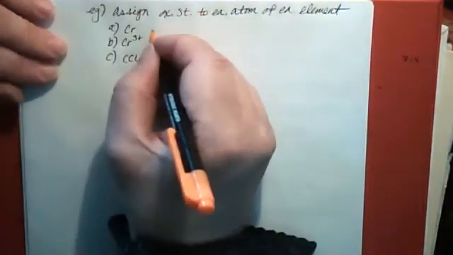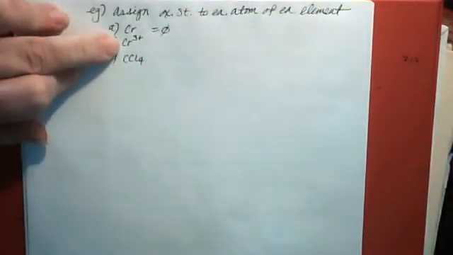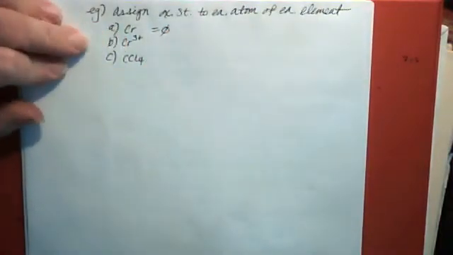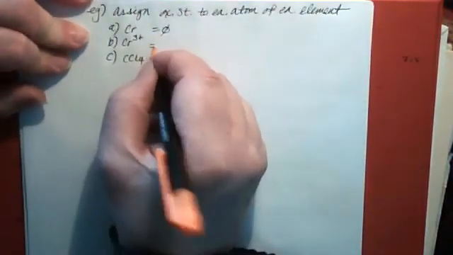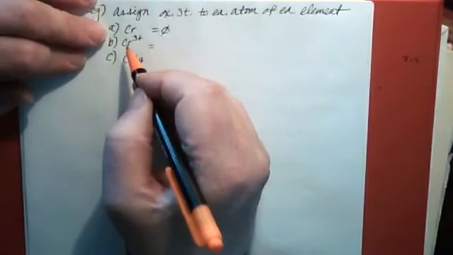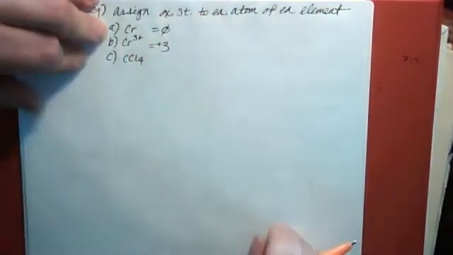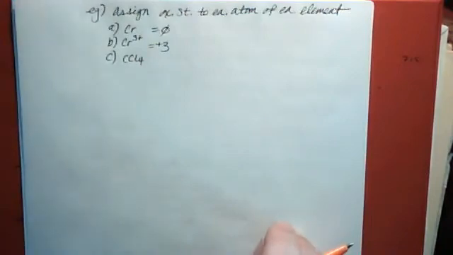And if you've got just a neutral element, then the oxidation state is 0. The second one is the chromium +3 ion. And as we said, for monatomic ions, that is an ion that's formed from a single atom, the oxidation state is the charge on the ion. So chromium +3 has an oxidation state of +3.